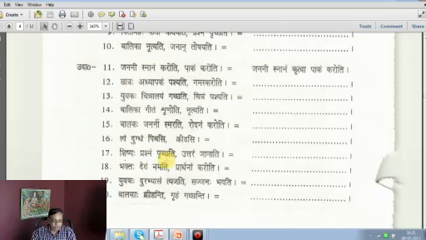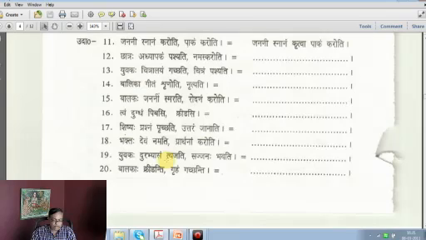Next. Purvam Bhaktaha Devam Namati. Paschat Prarthanam Karoti. First a devotee salutes God, later he does the worship. So Bhaktaha Devam Natva. Namati becomes Natva. Bhaktaha Devam Natva Prarthanam Karoti.